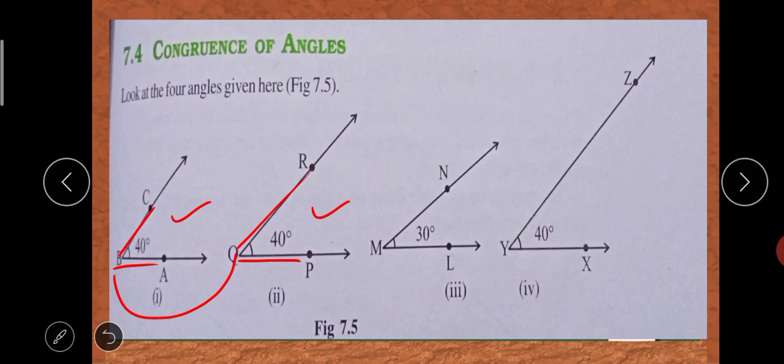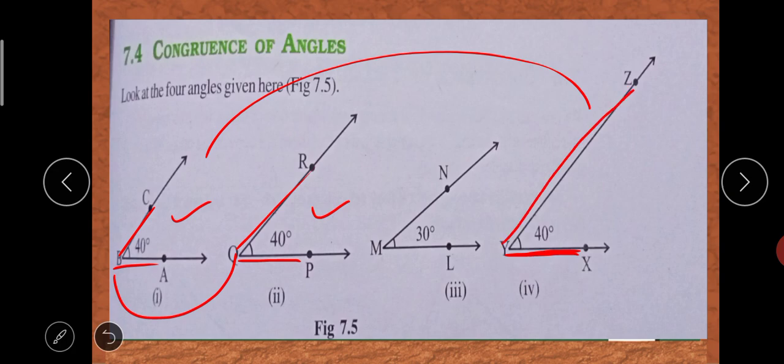Now when we compare this ABC with XYZ, are they congruent? See here, when we look at angle ABC and XYZ, the rays YX and YZ appear in the figure longer than BA and BC.